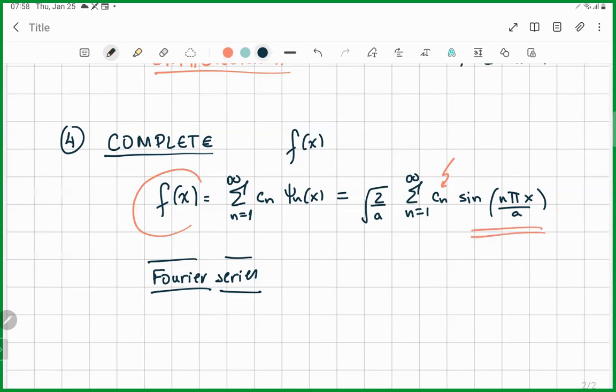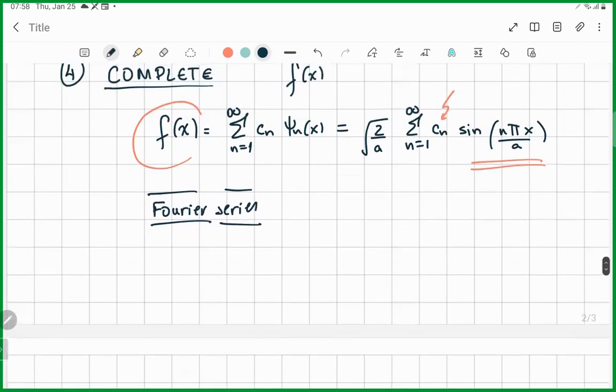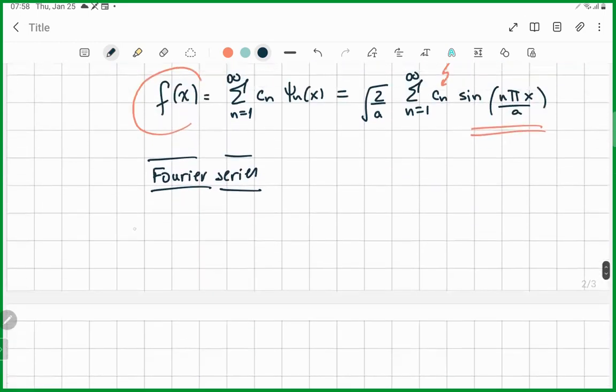Here comes a trick. What we are going to do is the following. Let me multiply the left and the right side by psi of m conjugate. Okay. First thing, I'm multiplying the left and the right side by this psi of m x.